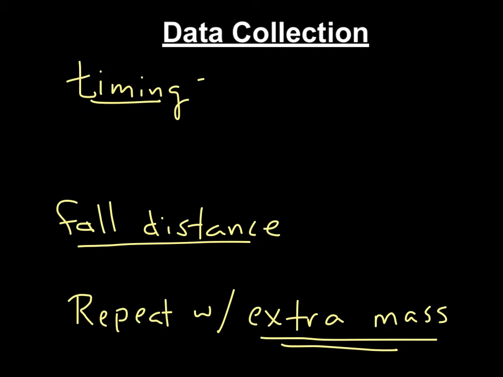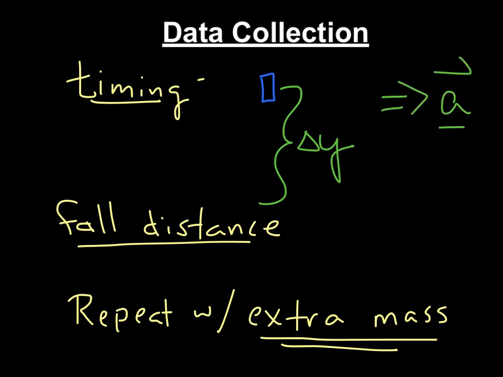So if we're looking at this, you've got this little mass. It is going to fall a distance delta y, and you can calculate acceleration from this. You will do this multiple times. Your timing will always have a plus or minus. Your fall distance, you will measure multiple times, so you will have a plus or minus.